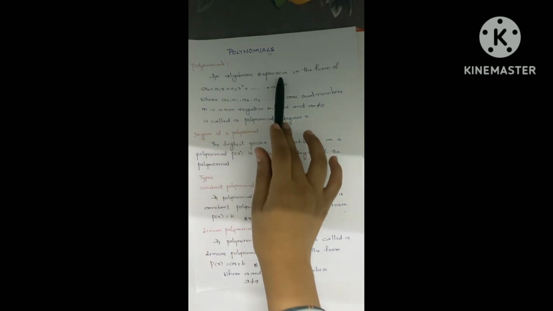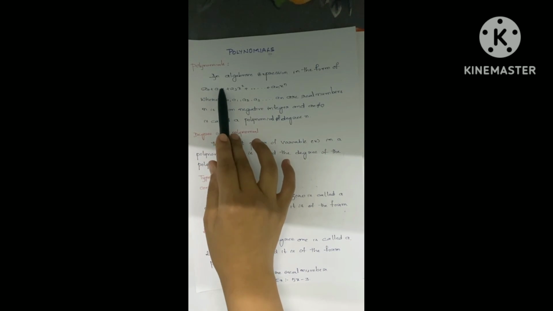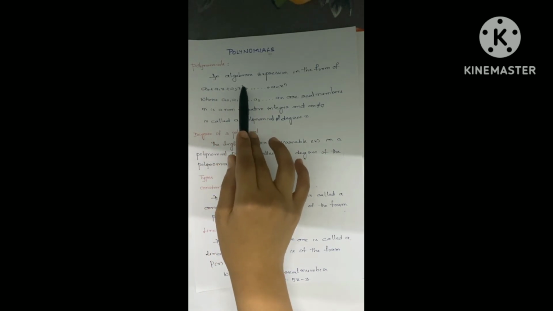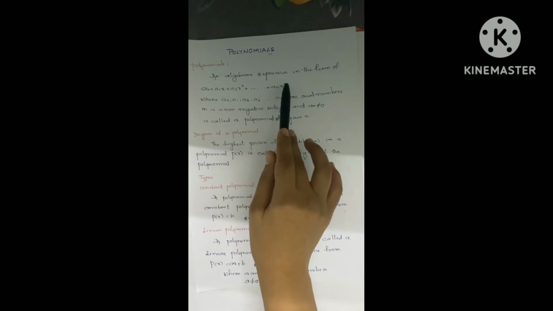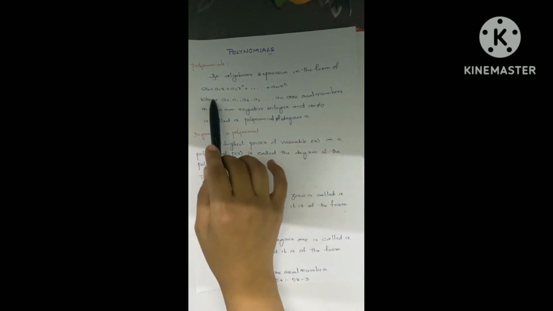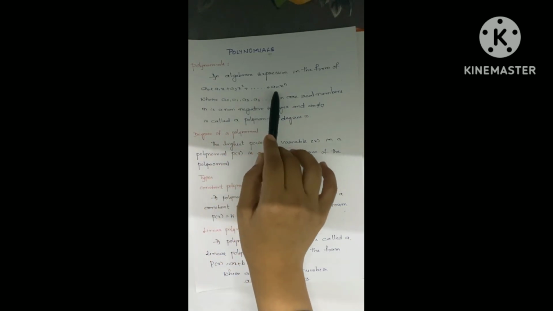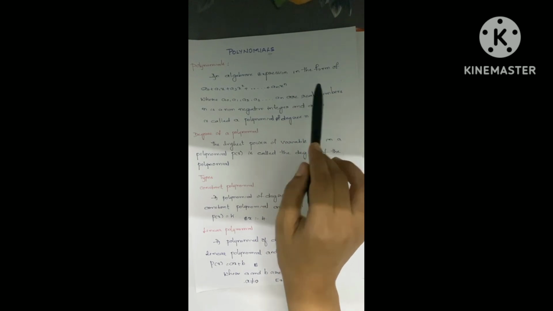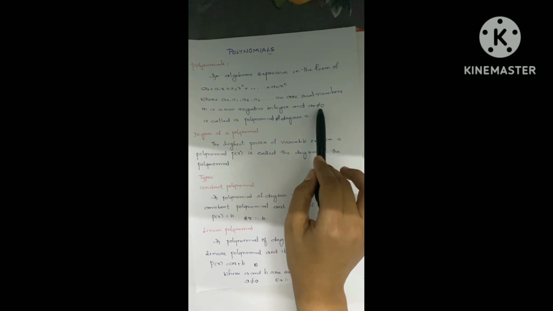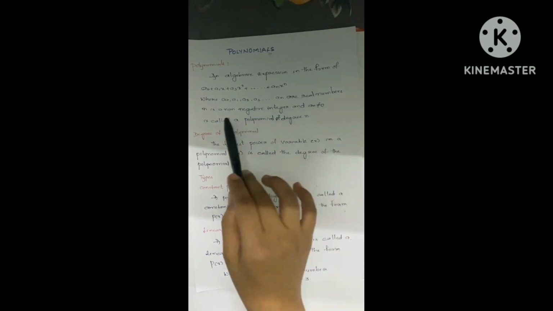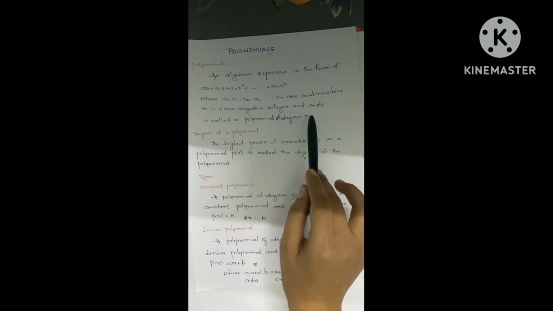An algebraic expression in the form of a0 plus a1x plus a2x square plus up to so on an x to the power of n, where a0, a1, a2 and so on an are the real numbers and n is a non-negative integer and an, which is not equal to 0, is called a polynomial of degree n.